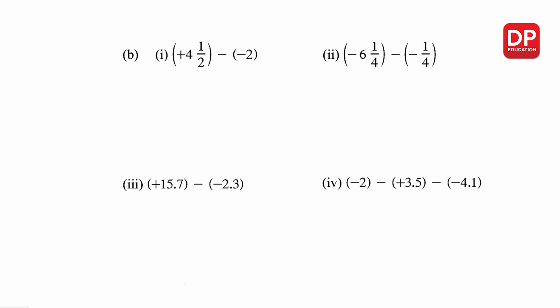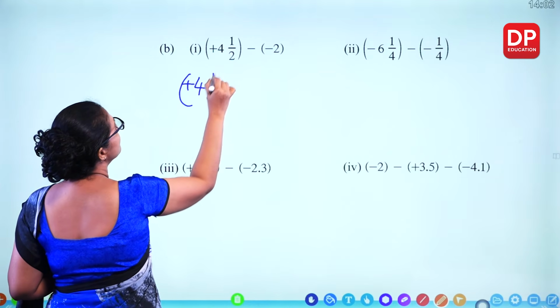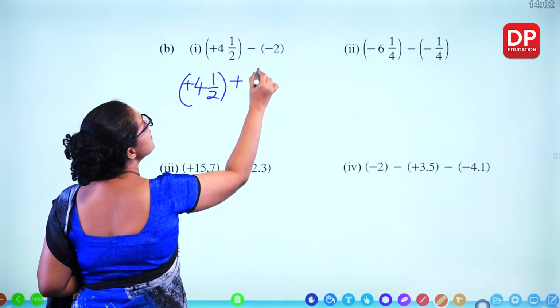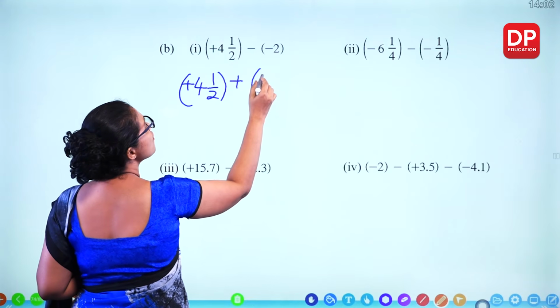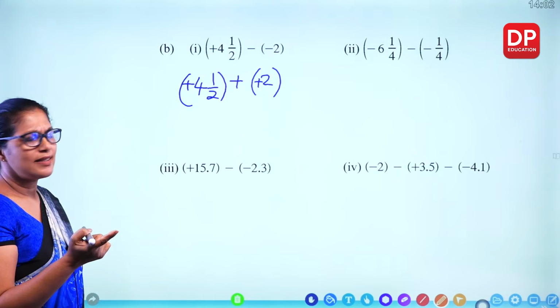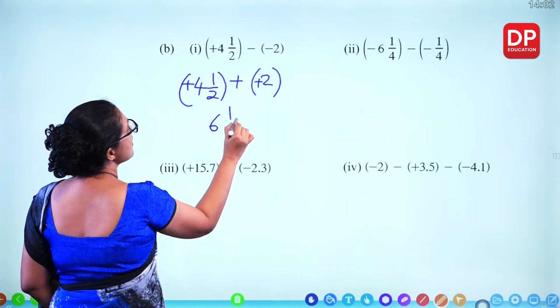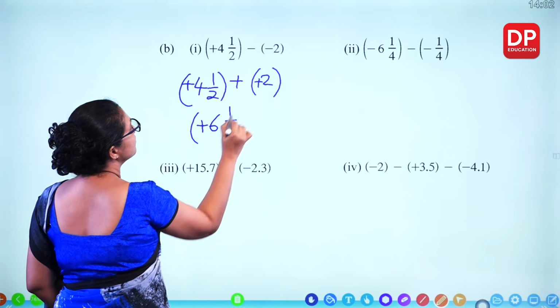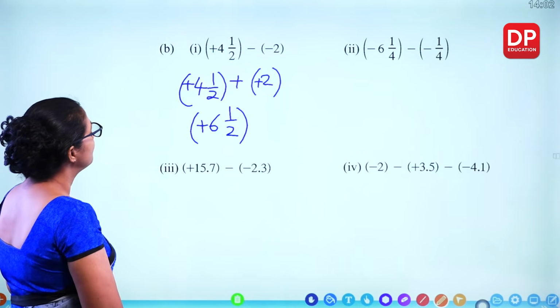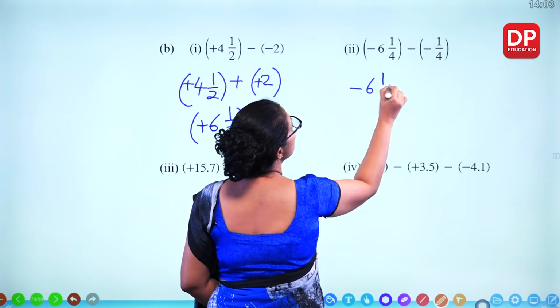This one, 4.5. Adding the additive inverse of minus 2, that's plus 2. Now this means adding these two numbers, 4 and 2, 6, 6.5. That's positive. This one, minus 6 and 1/4 is there.